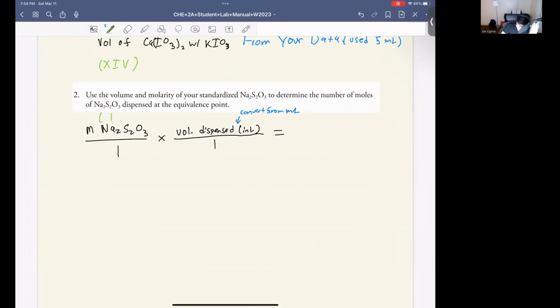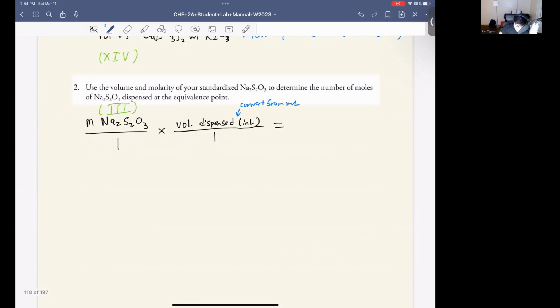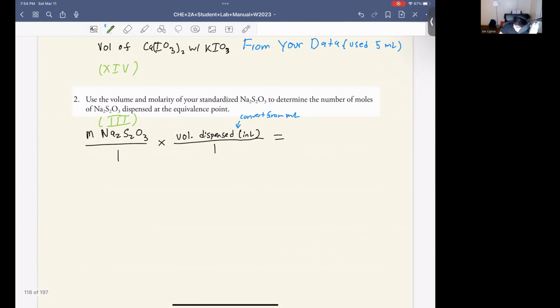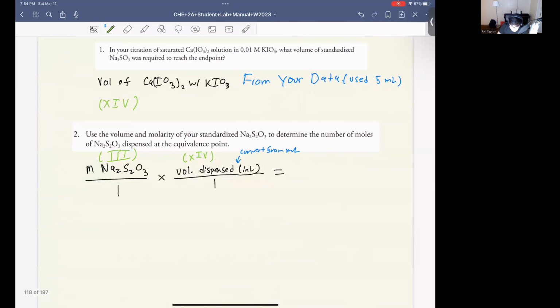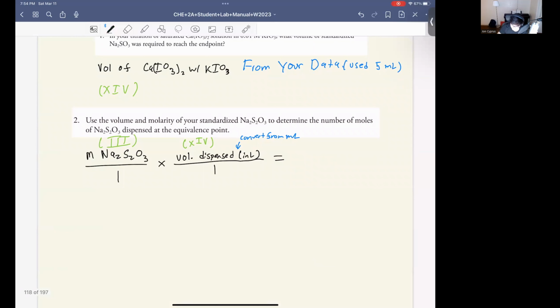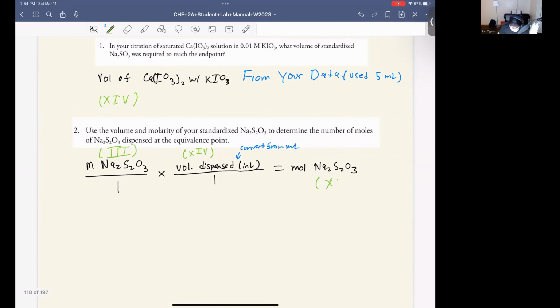So this was from your third calculation, essentially, the last one, just right above where you're looking at your data. Then you're going to end up getting the moles of sodium thiosulfate. Notice how some of these units are the same. That's why I'm denoting them with these Roman numerals. Previously, we had moles of sodium thiosulfate, but the context was different. So this is XV.